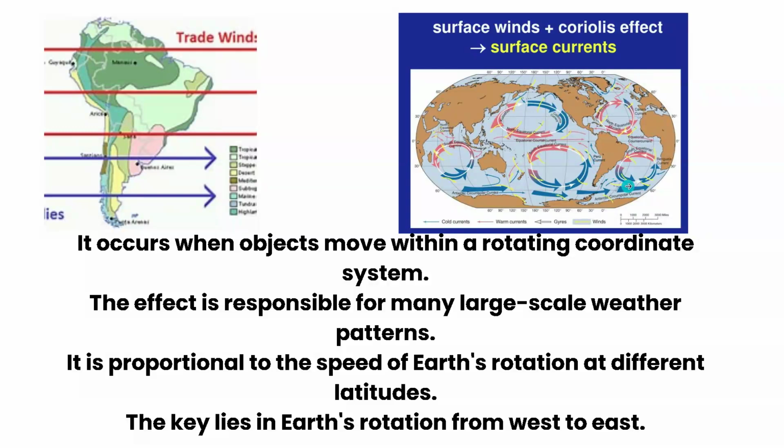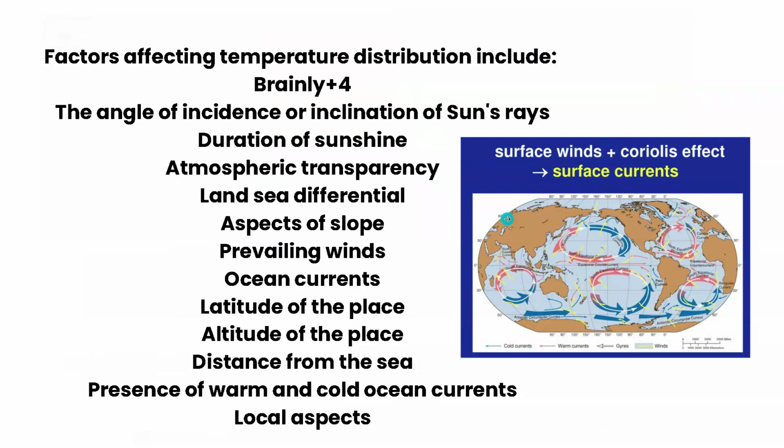And then surface currents. If we see this particular map, I will show you factors affecting temperature distribution. What are the factors that will definitely influence the temperature of a particular place? We are talking about South America. So, angle of incidence of the sun rays. As I told you, Earth is rotating from west to east, and sun rays are also falling slanting.